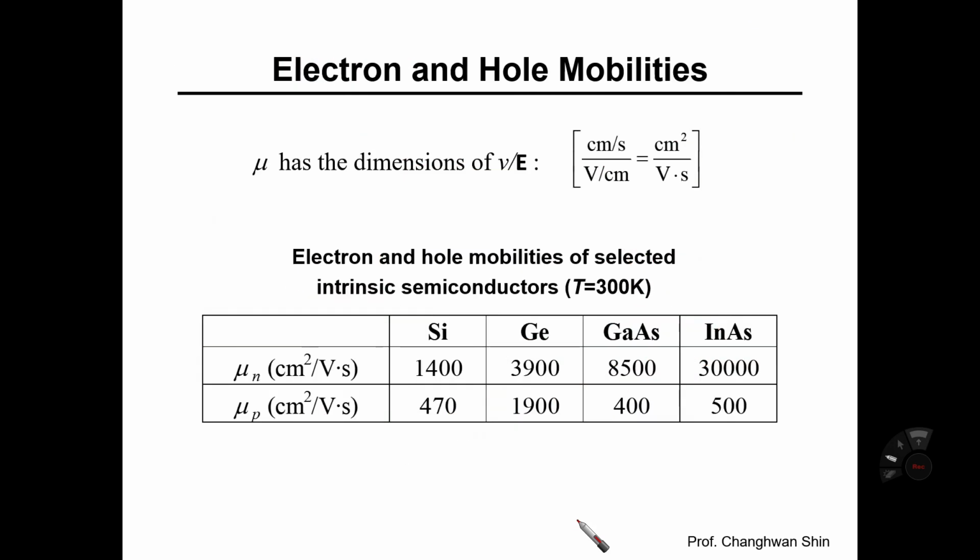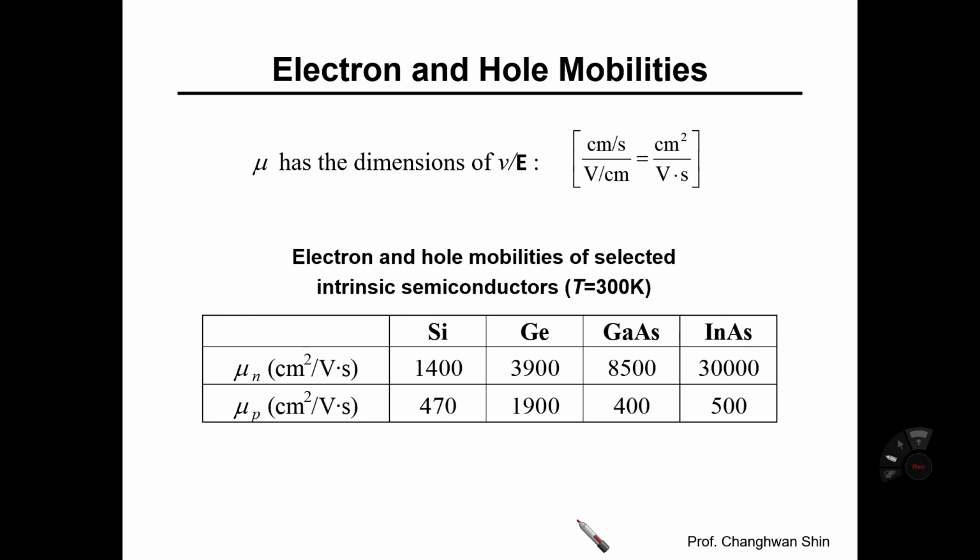Here is a table summarizing the mobility values of electrons and holes in different materials such as silicon, germanium, gallium arsenide, and indium arsenide. Take a look at the numbers. Electron mobility in silicon is 1400. Hole mobility in silicon is about 500.